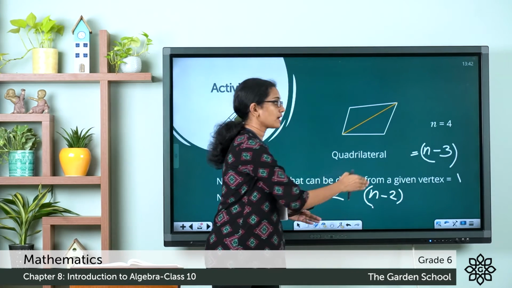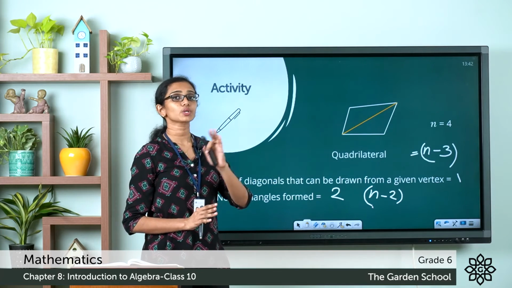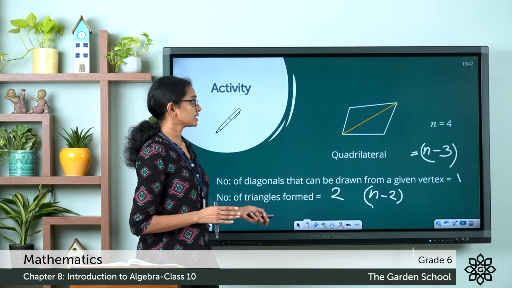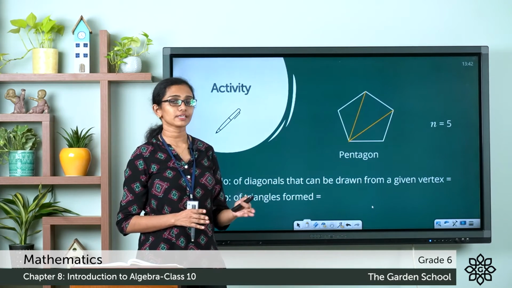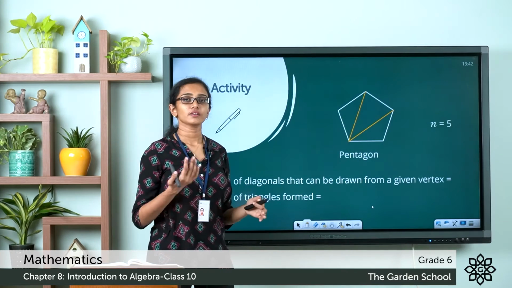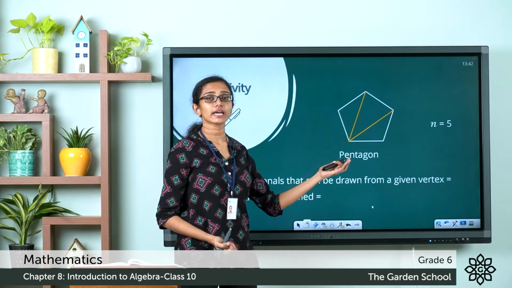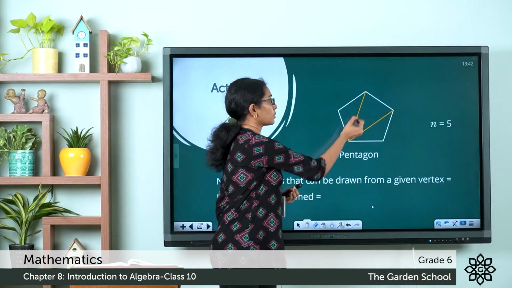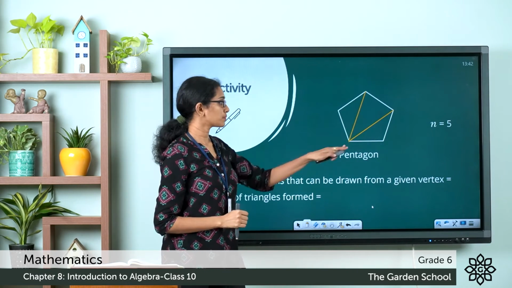Now let's verify if these expressions hold true in the case of the other polygons. Let's take the next polygon. This is a pentagon. A pentagon has got 5 sides. Now I had chosen the vertex here. From this vertex, how many diagonals could I draw? See, 1, 2. I could draw only 2 diagonals from this vertex.